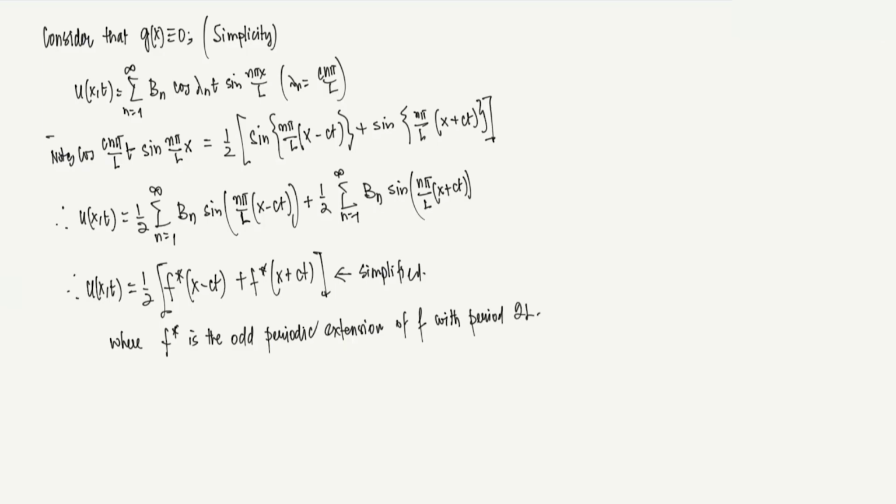You remember this is exactly the same sort of thing which we did in Fourier series. That is what we are exploiting here. So f star is basically the odd periodic extension, and we are using that f star to write this solution in a much simplified way. That's the idea. Clear? What I will do now is we'll just look at one very simple problem, and then we'll go from there.